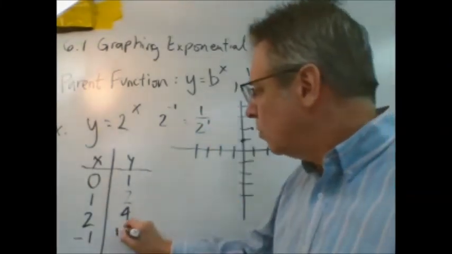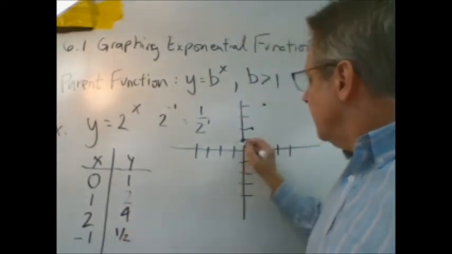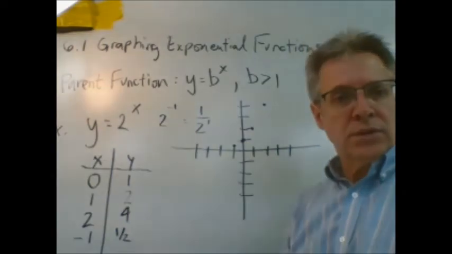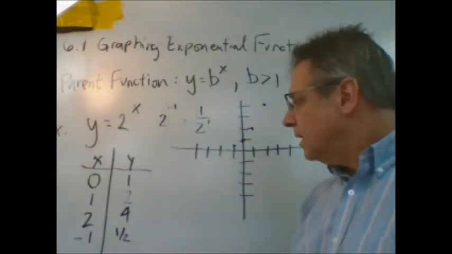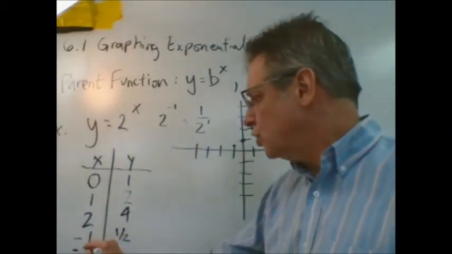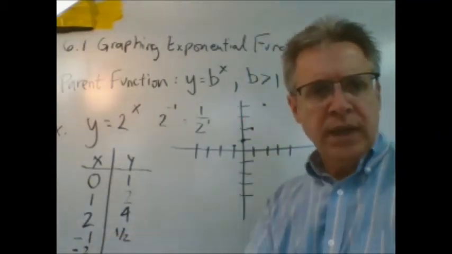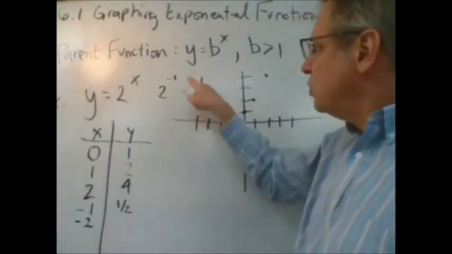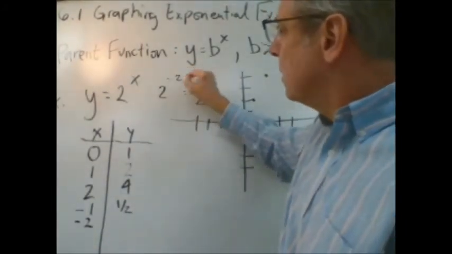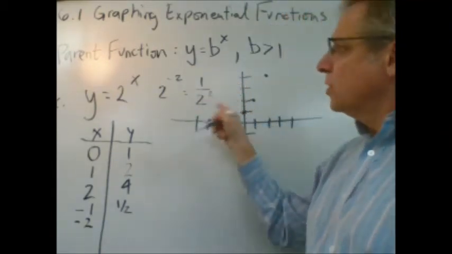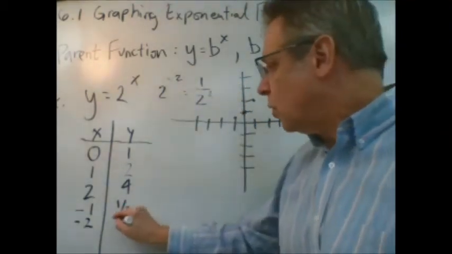And so we'll put that here, and we'll graph negative 1, 1/2, which is there. The next value that we'll plug in is negative 2. And if we put negative 2 in here for x, we'll get eventually 1 over 2 squared, which is 1/4.